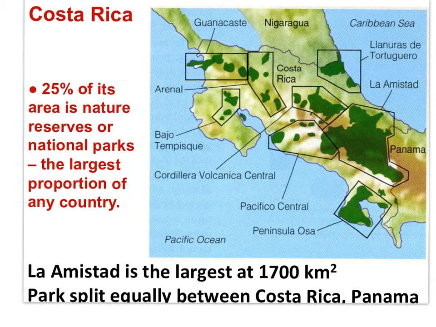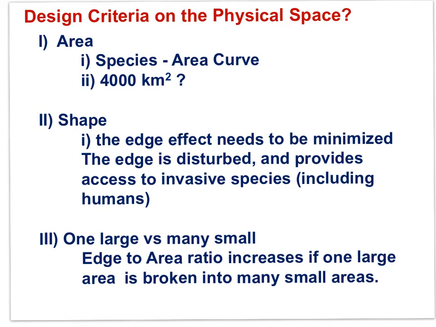A park such as La Amistad presents a challenge in diplomacy if the park is to serve species and ecosystems. If parks must be small, having numerous parks adjacent to one another is important for gene flow among the species in different locations. So we've just looked at the importance of area in park design.